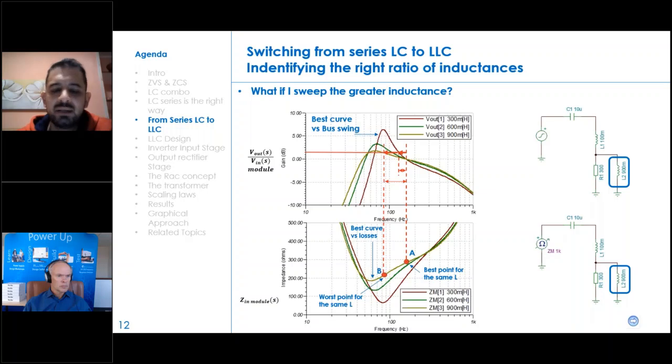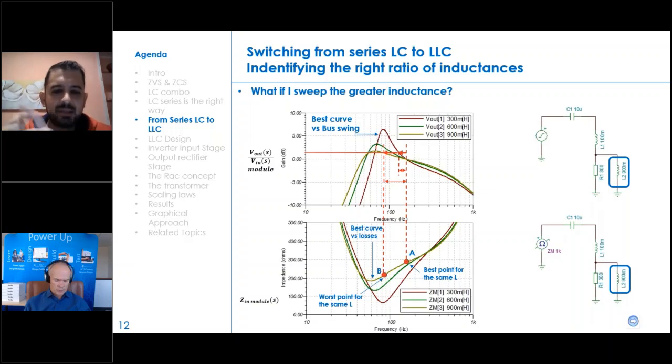Obviously, this is valid assuming to work in the middle frequency range, enclosed between both resonances, while the point B is the worst because the impedance is lower than the point A, so higher circulating currents with respect to the point A. Little digression here as well.